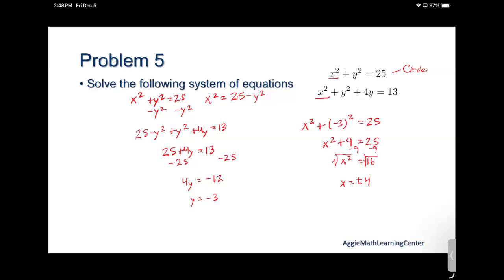Because x is plus or minus 4, that means we have 2 points where the functions cross. One of these would be our positive 4, negative 3, and the other would be negative 4, negative 3. And there's that solution.